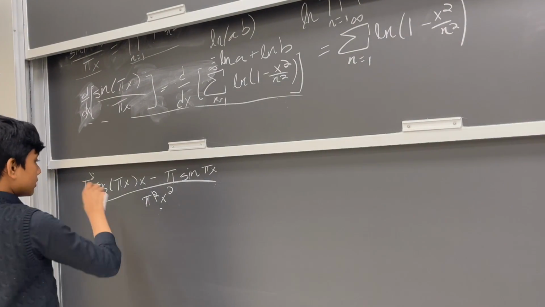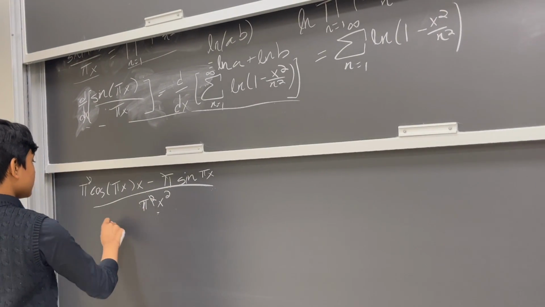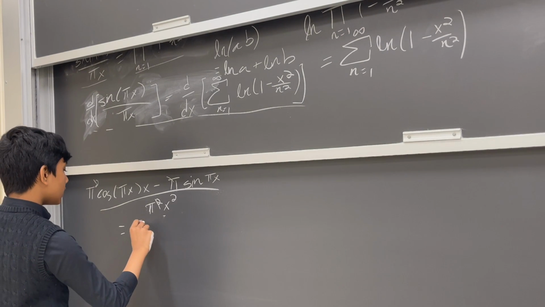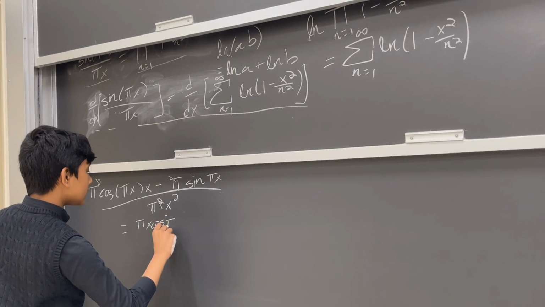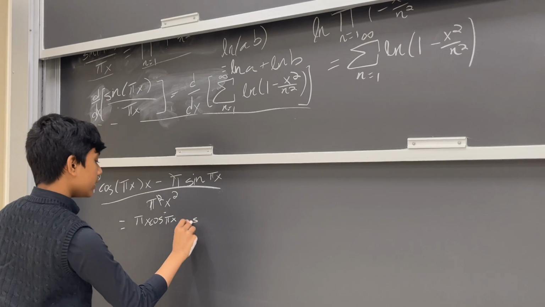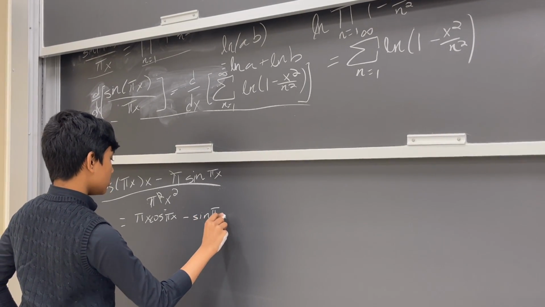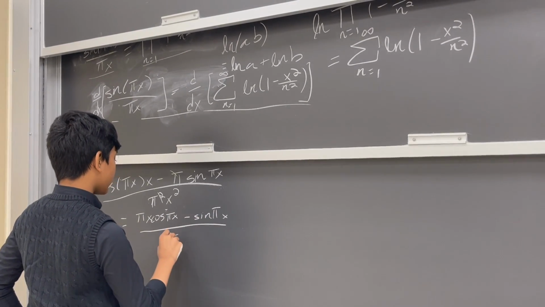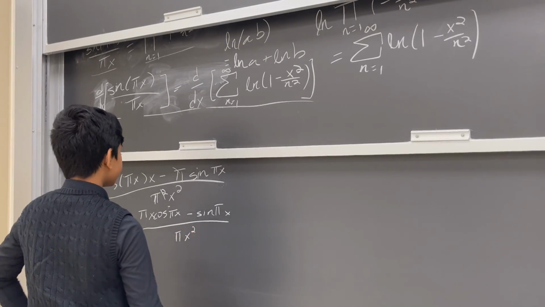So then I'm just going to cancel this out to give us pi x cosine pi x minus sine pi x over pi x squared. Pretty sure that's right.